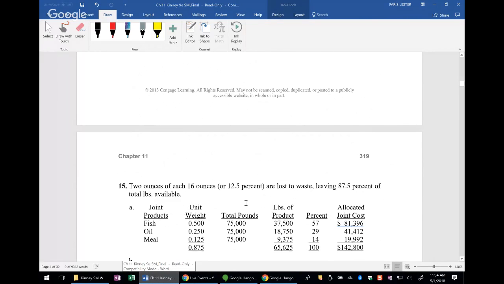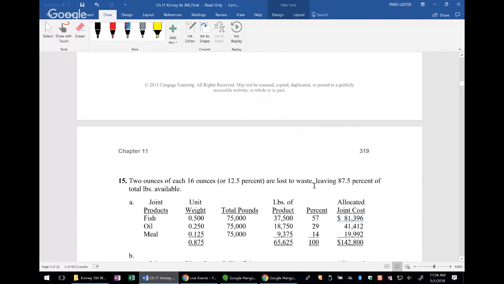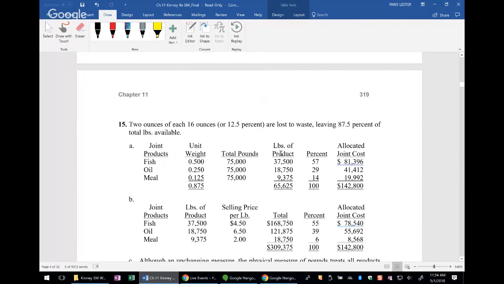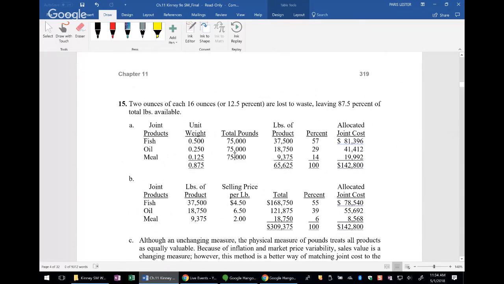Now, they wanted you to do it by the first part of it, I think, allocate the joint cost, use the weight as the basis. And of course, round to the nearest whole percentage. Okay, now here on A part, total pounds.